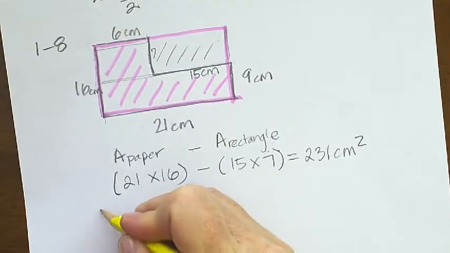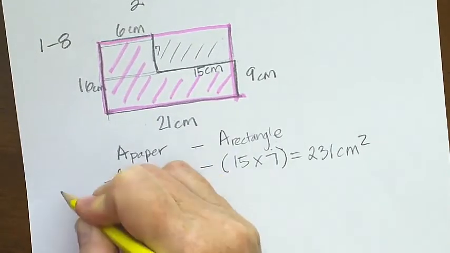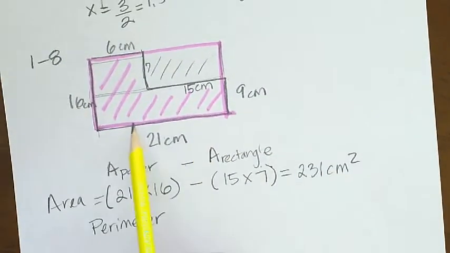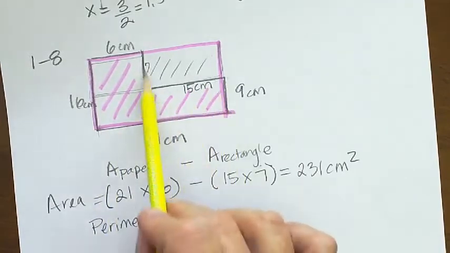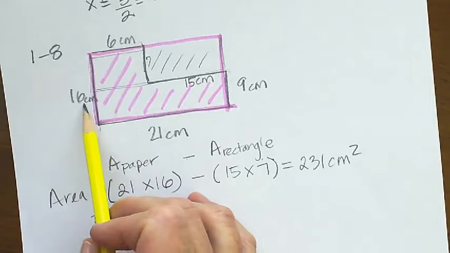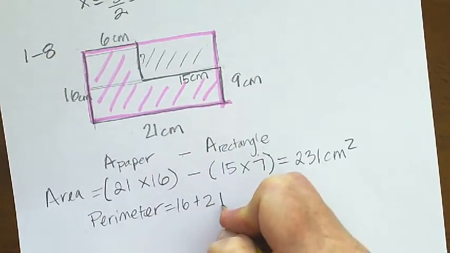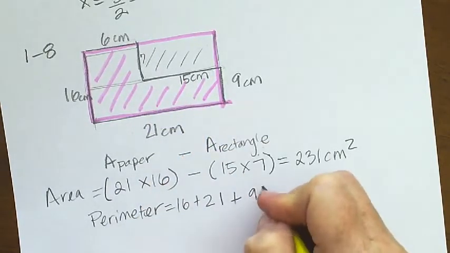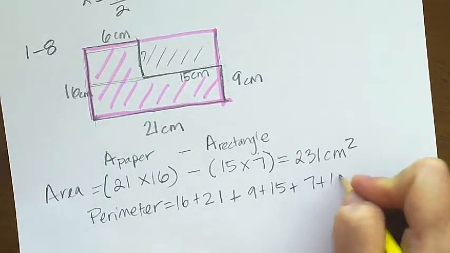And the perimeter is, now we want the perimeter of the cutout, so it's just going to be all of these sides added together. So let's see, 16 plus 21 plus 9 plus 15 plus 7 plus 6.